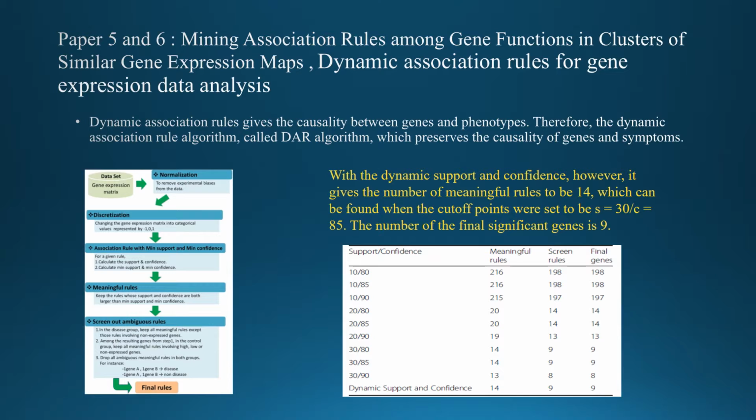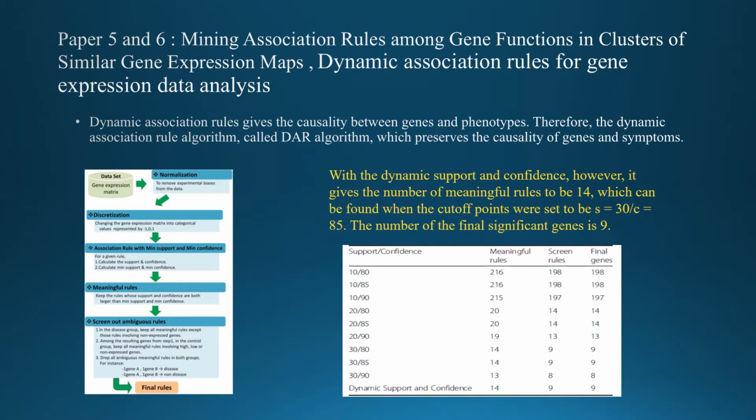So here is the flowchart of how the rules have been found. First, the dataset has been normalized, and then the discretization has been done, and association rules with minimum support and minimum confidence have been used, that is from, I guess, 10 to 90%, and meaningful rules have been extracted, and the ambiguous rules that don't play an important role have been taken out, and final rules have been jotted down.